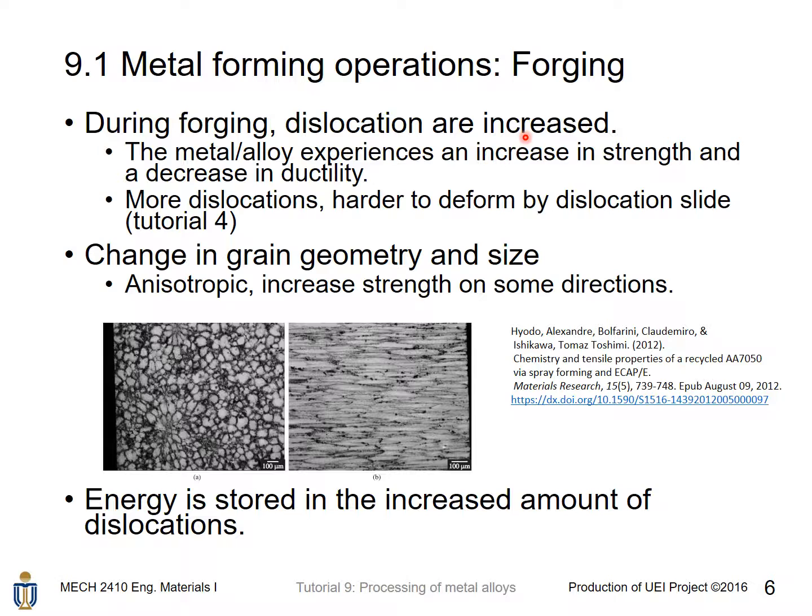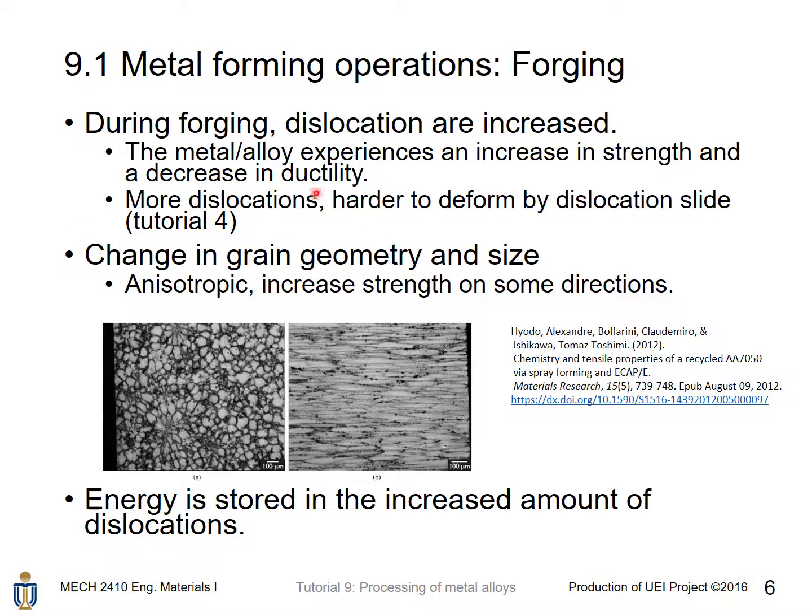During forging, dislocation numbers are increased, and the metal or the alloy will experience an increase in strength and a decrease in ductility. You can refer back to Tutorial 4 for dislocation strengthening.